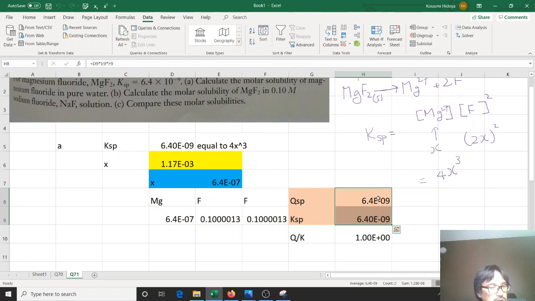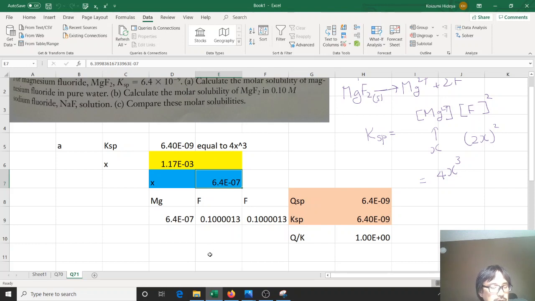Even though it says it couldn't find the solution, this is the same number, right? If you keep doing that over and over, it's going to get there eventually. But this is already close enough for me, so I'm going to stop this and take this value right here. So x is equal to 6.4 times 10 to the negative 7. That's the solubility.